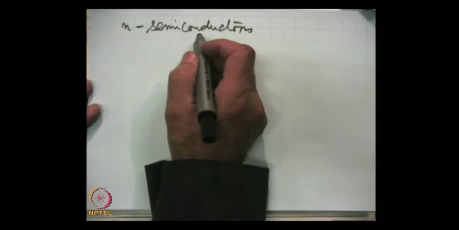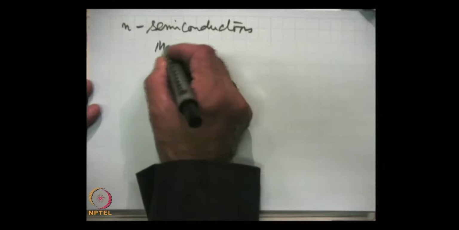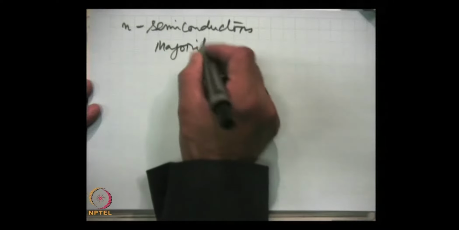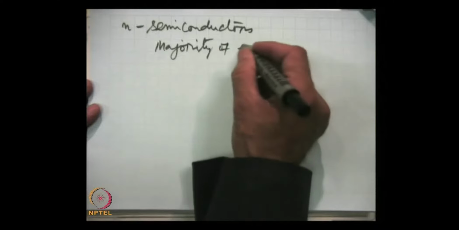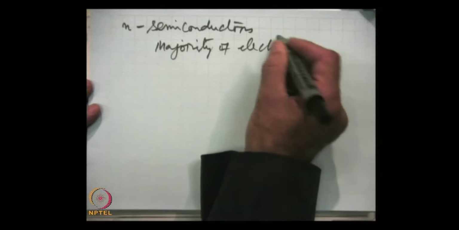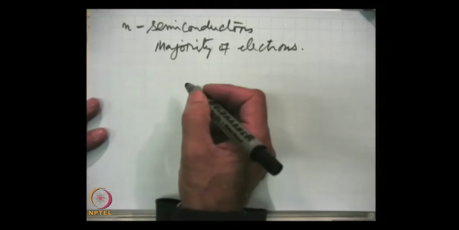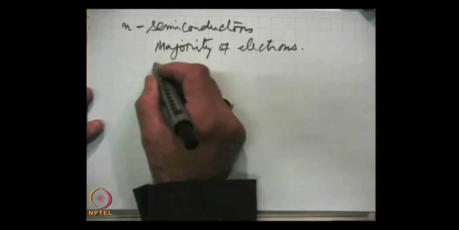n type semiconductors have a majority of electrons, and holes are in minority.